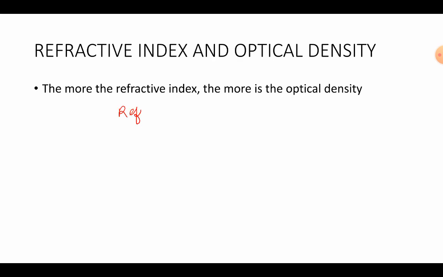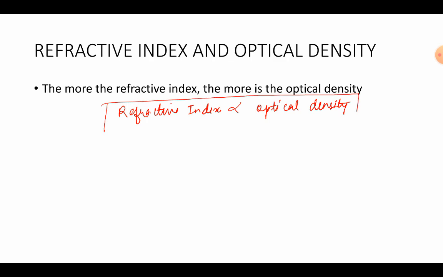So if we know the refractive index of two mediums, out of which one medium has a higher refractive index, we can say that the particular medium will also have a high value of optical density. Both are directly related to each other.